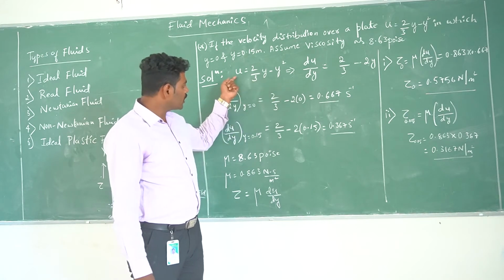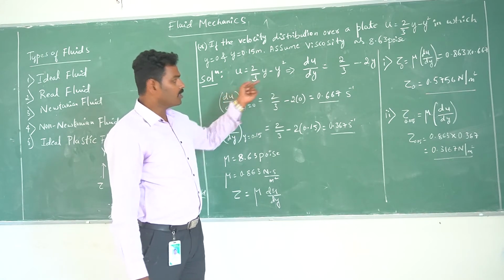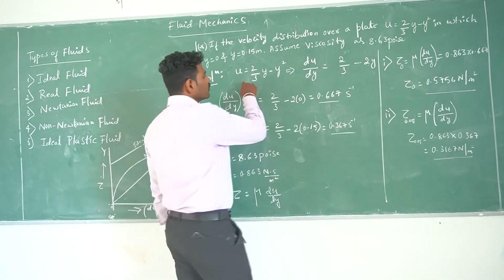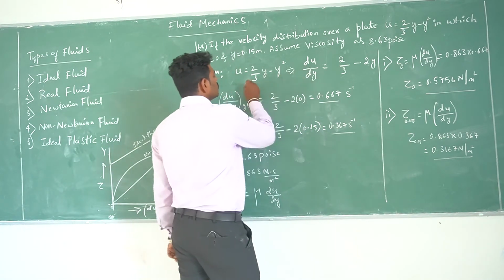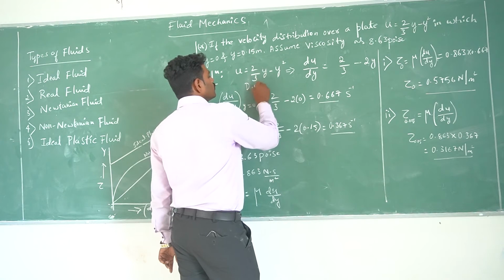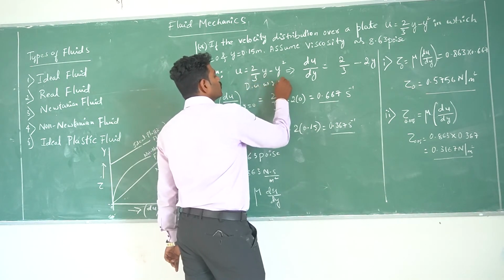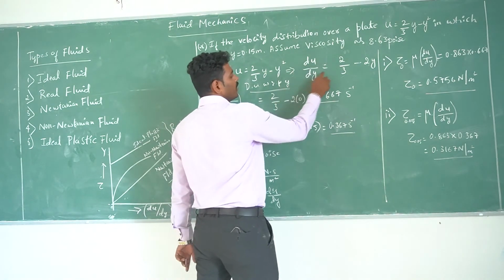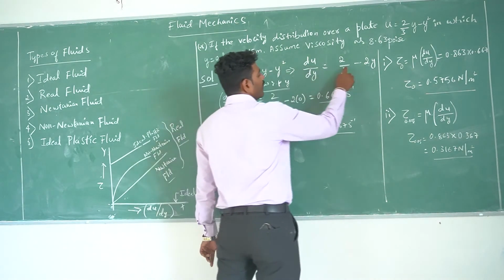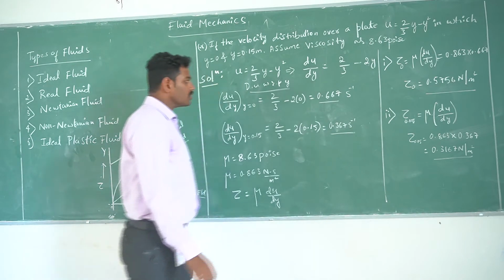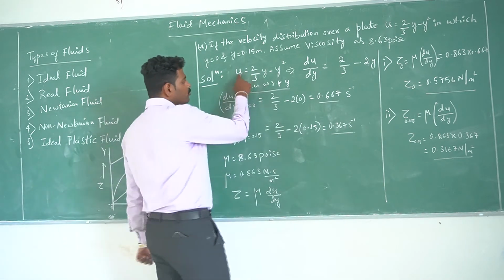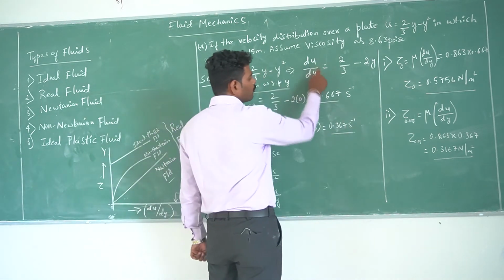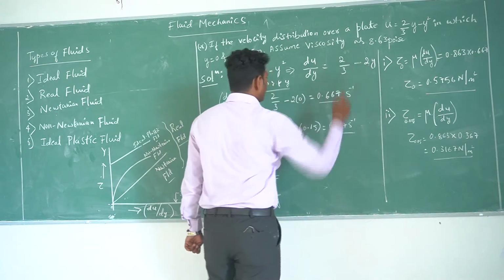So if you differentiate u with respect to y, then you will get the equation. That is, differentiation of u with respect to y, then you will get du by dy as 2/3 minus 2y. Okay, so once you differentiate u with respect to y, you get du by dy is 2/3 minus 2y.